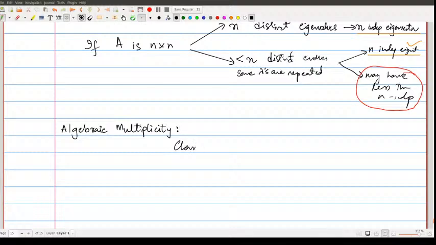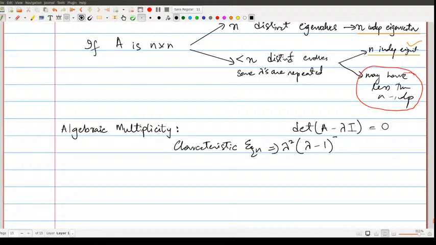Let's say I solved the determinant of A minus lambda I, and I got the following characteristic polynomial: lambda squared times (lambda minus 1) cubed times (lambda minus 2) equals 0. So this was perhaps a 6 by 6 matrix, because we have 2 powers here, 3 powers here, and 1 power here.